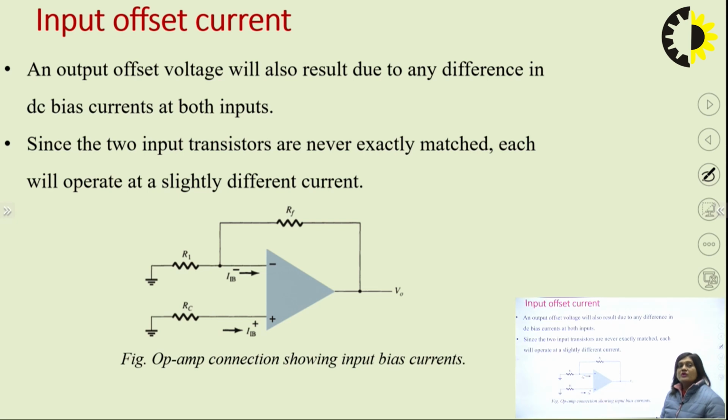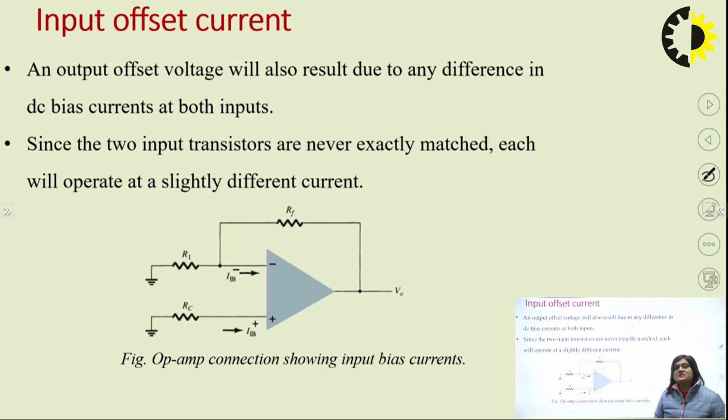So an output offset voltage will also result due to the difference in the bias current at both the ends. So output offset voltage is basically produced due to the input offset voltage or due to the input offset current. And input offset current is flowing due to the mismatch of the transistors. If the transistors are not identical, then their base current will not be the same.